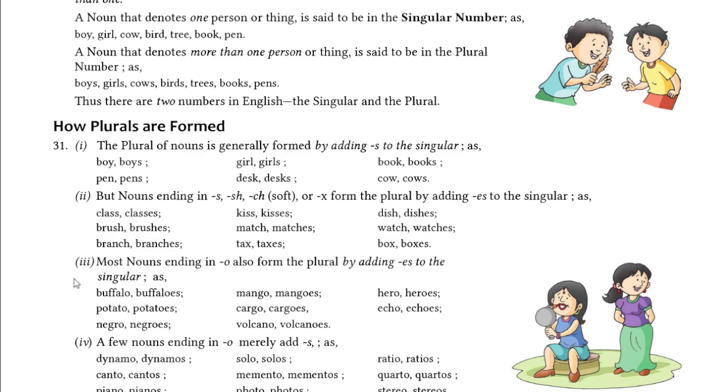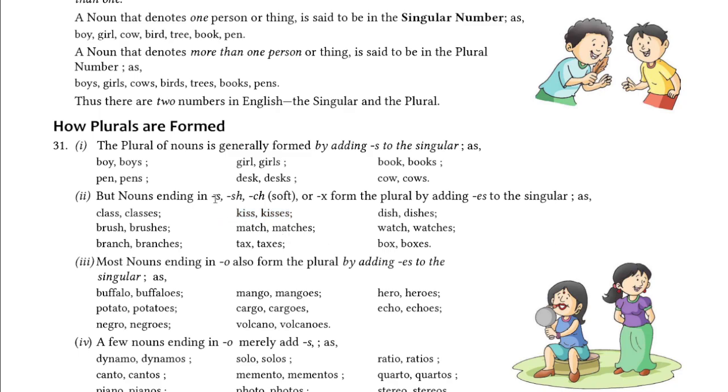We would simply add es to the singular form in order to get a plural form. Class and classes. Similarly, kiss and kisses. Kiss ends in s, so we would add es to the singular form and we would get plural form kisses.